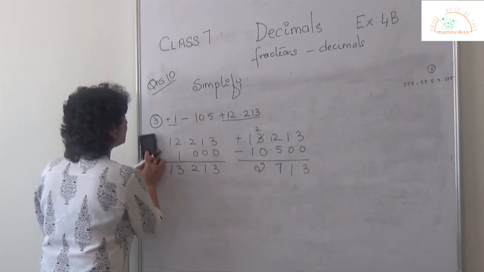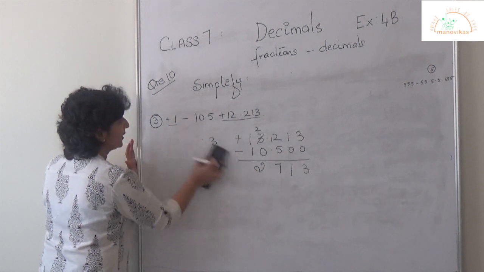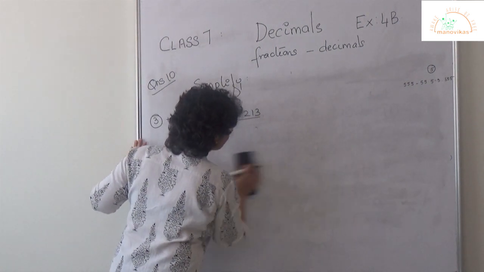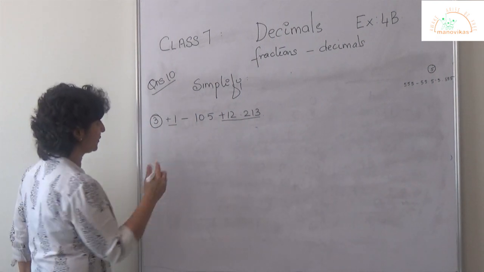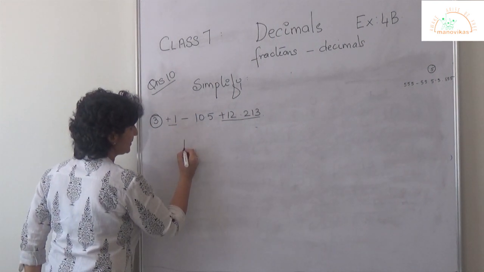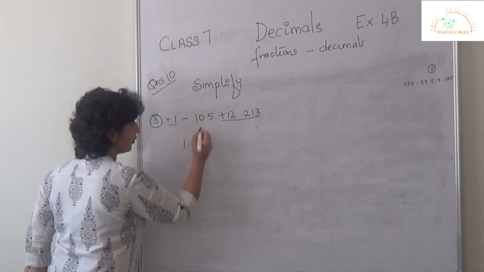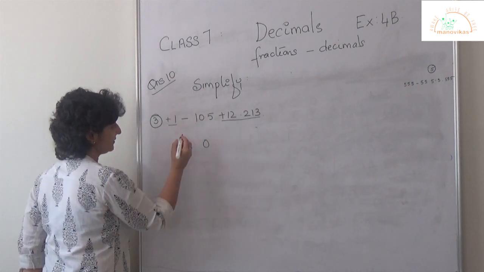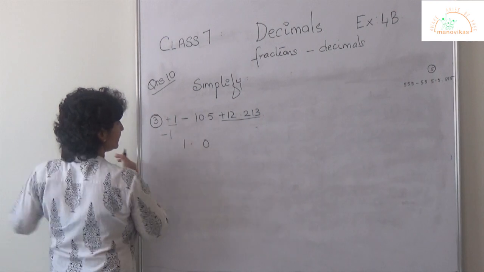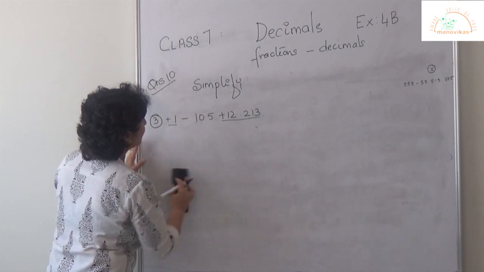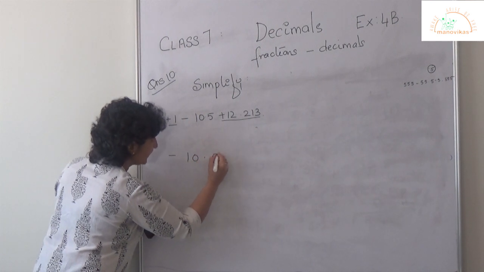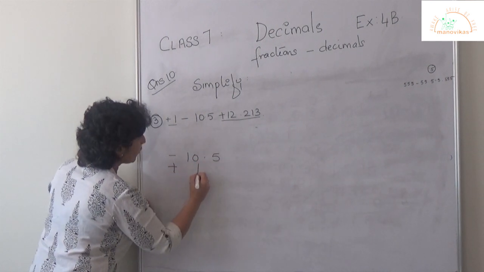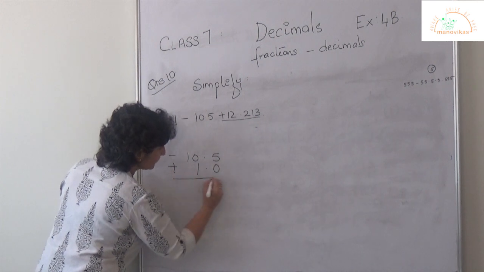You need to take two numbers at a time and do it. For example, let's take the same sum and do it that way. I had 1, so it will be 1.0. Children, this is minus 10.5 plus 1.0.